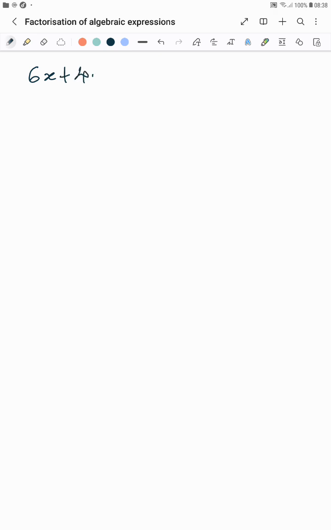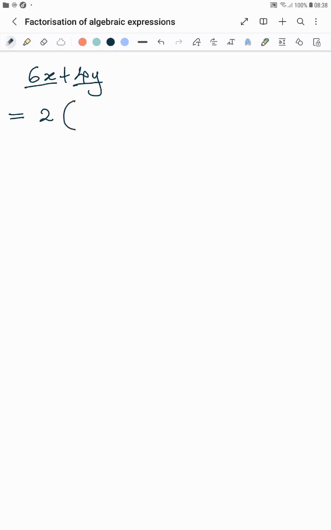plus 4y, we look at these two terms and we decide if they share any factor. So if we look at 6 and 4, we know they share a factor of 2. So what we're going to do here, we're going to take 2 out.